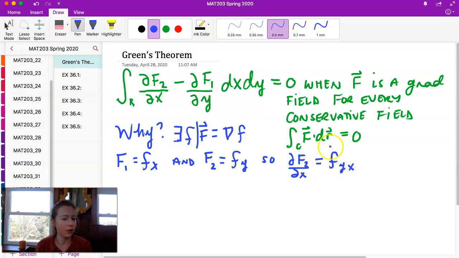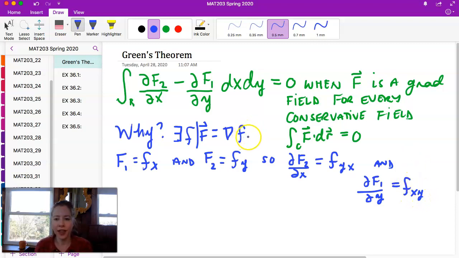So that's the second order mixed partial, and we used this a couple of classes ago to check for path independence. And also del f1 over del y is then equal to this second order mixed partial, f sub xy.